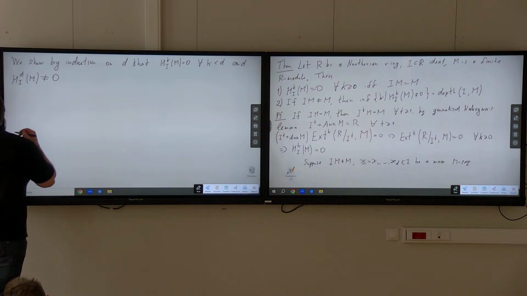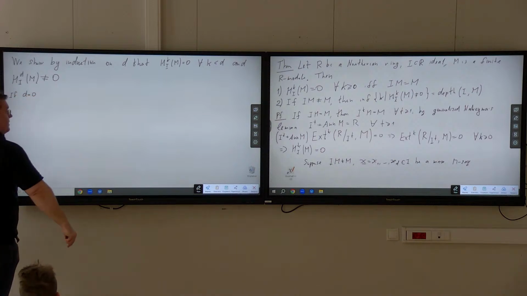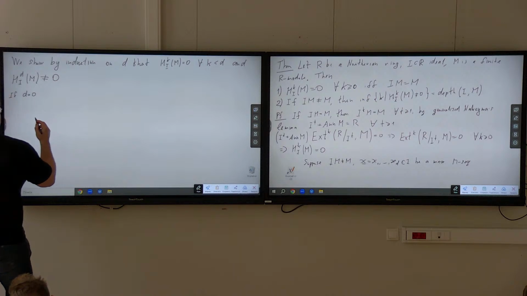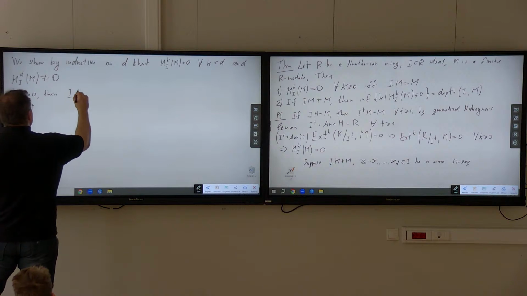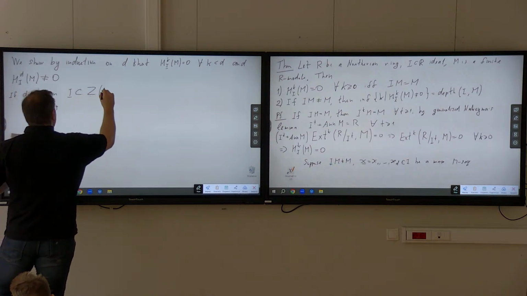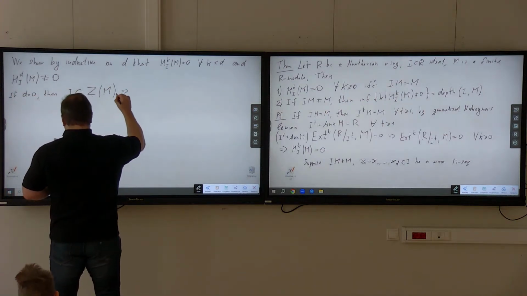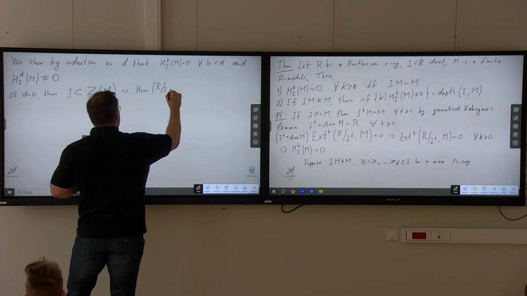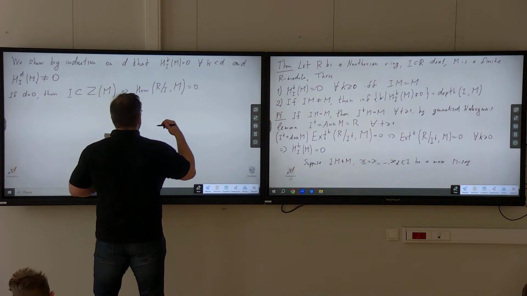The base of the induction is d equal to 0. So if d is equal to 0, it means that there are no regular elements inside I. So every element is a zero divisor. So let's say that then I is contained in the set of the zero divisors of the module M. But then the Hom from the R-module I to M is not 0.